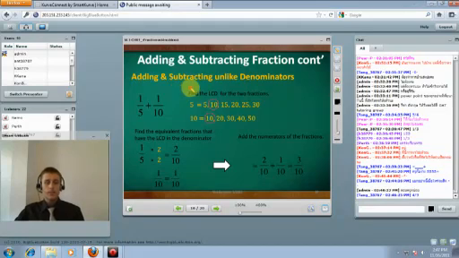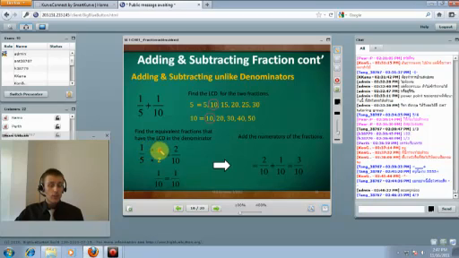Here we have more examples. 1 over 5 plus 1 over 10. 5 can divide evenly into 10. So we know that the least common denominator is 10. 5 times 1 is 5. 5 times 2 is 10.